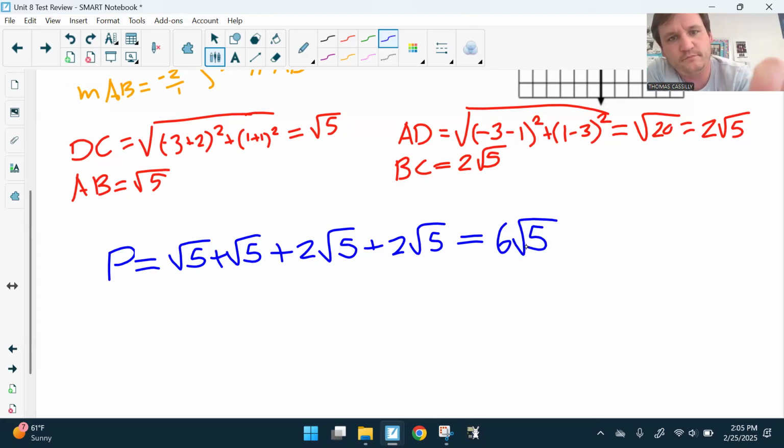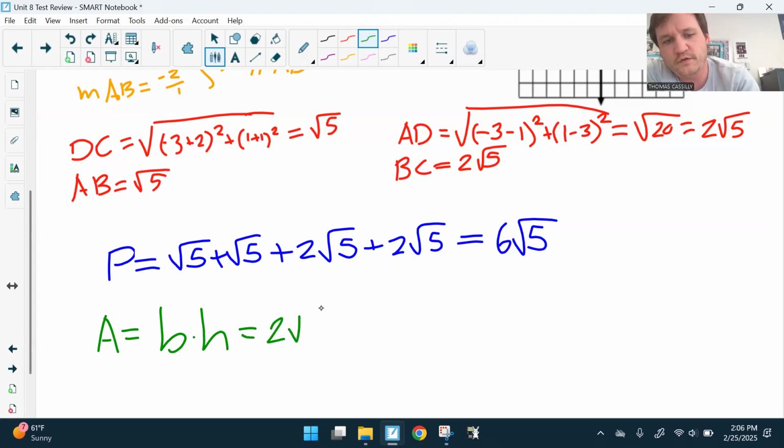Now the area is equal to the base times the height. The base and height just have to be perpendicular. So this is going to be 2 square root of 5 times the square root of 5. Square root of 5 times square root of 5 is just 5. So we have 2 times 5, which gives you a 10.